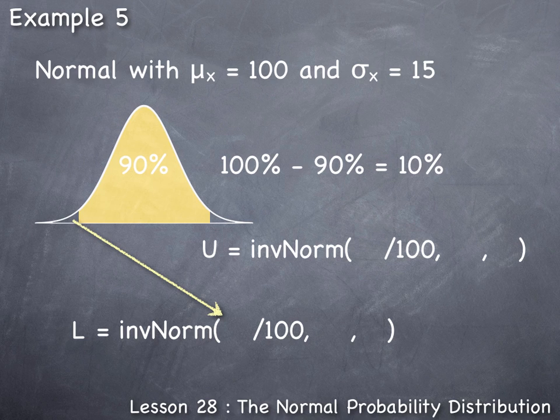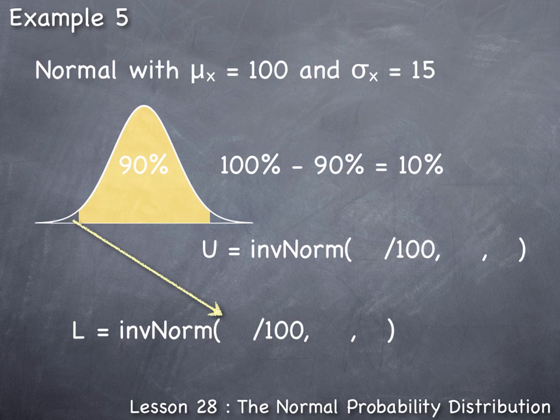And in order to get the narrowest interval, that is the interval that has the L and U that are as close as they can be, but still have 90% fall within it, it needs to be symmetric about the mean. That is, we get the same percentage that will be below this interval as will be above that interval.